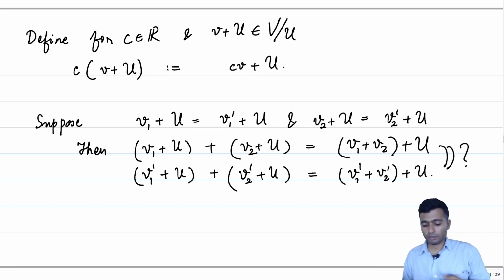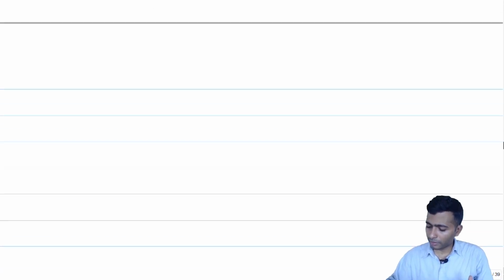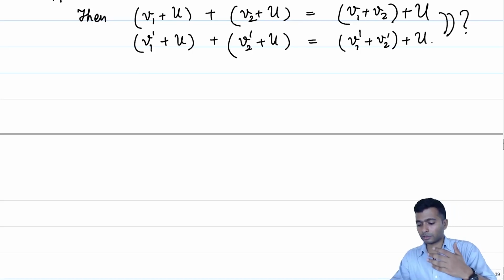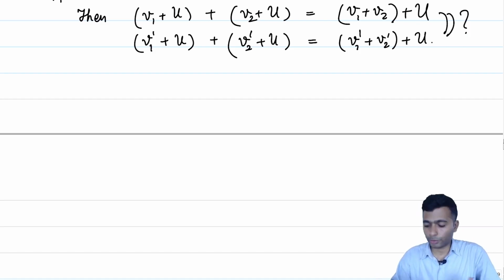If they are equal, then we have shown that the vector addition we have defined does not depend on the choice of v1 and v2. But what does it mean to say that these two are equal? We have shown a proposition earlier that two vectors give us the same affine subset if their difference belongs to U.